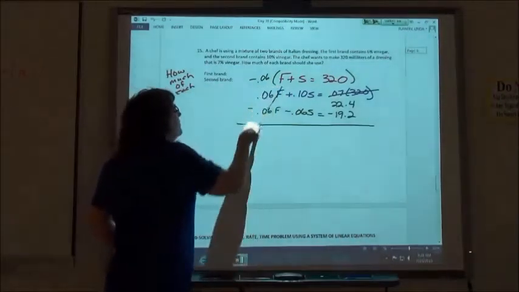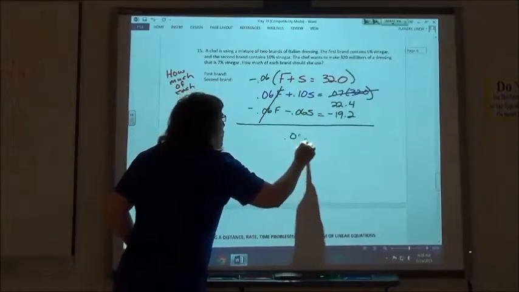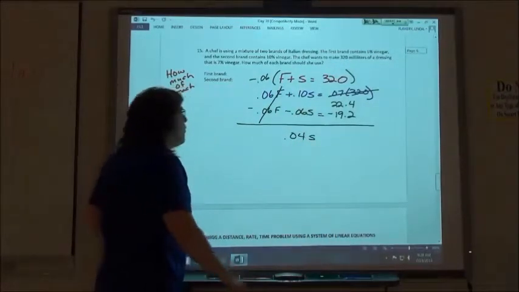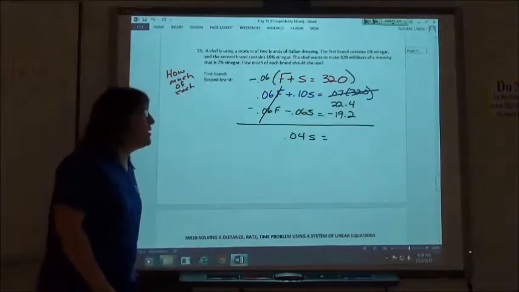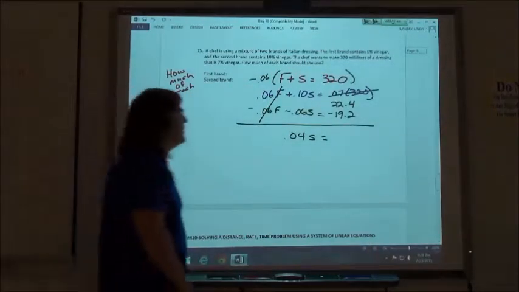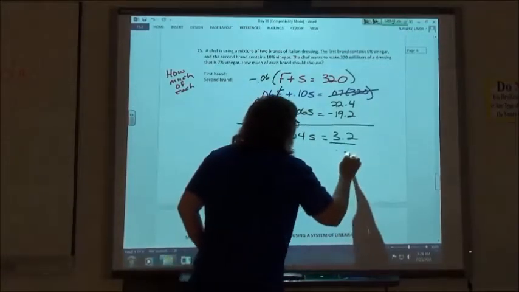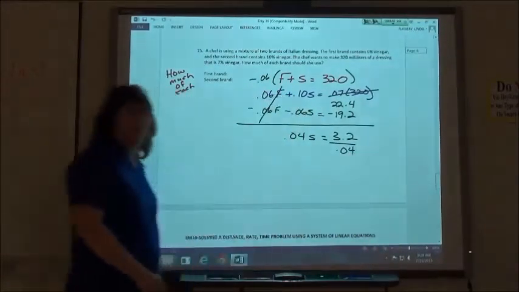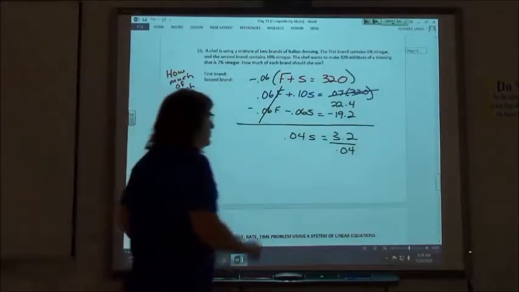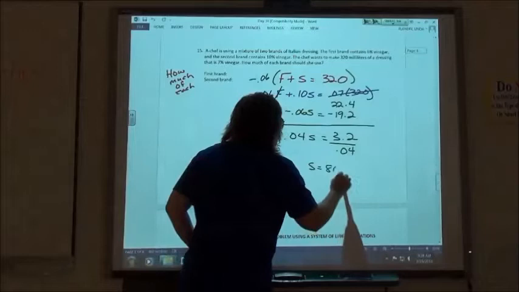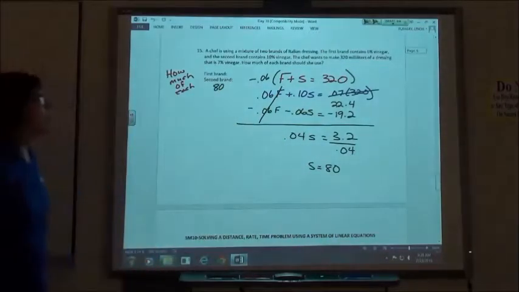So the F's cancel out. 10% minus 6% would be 4%, so 0.04 S. 22.4 minus 19.2 would be 3.2. So 3.2 divided by 0.04 is 80. S equals 80. So we had 80 milliliters of our second one.